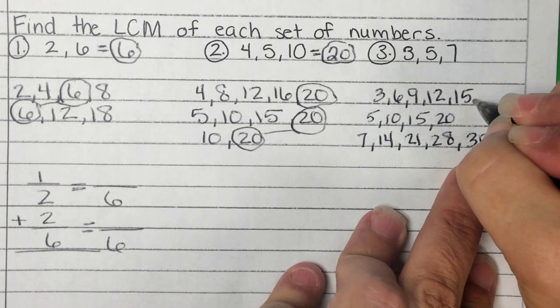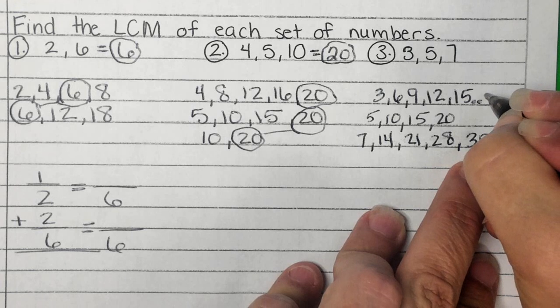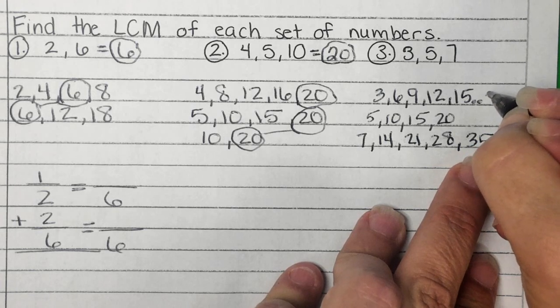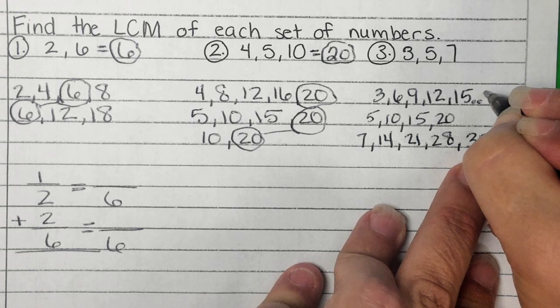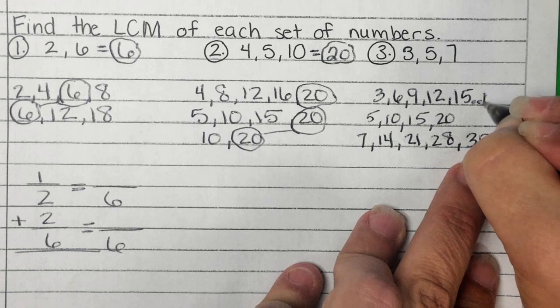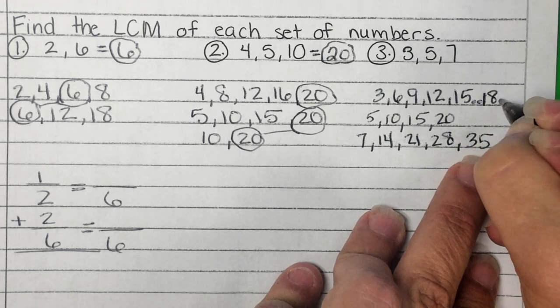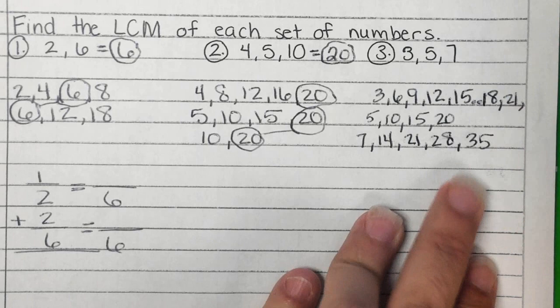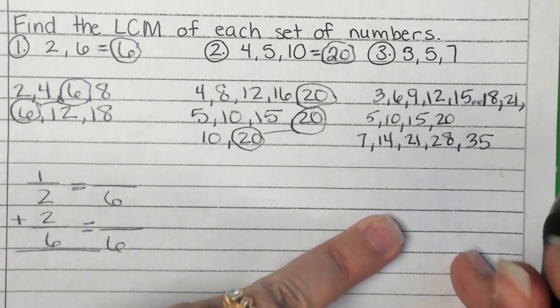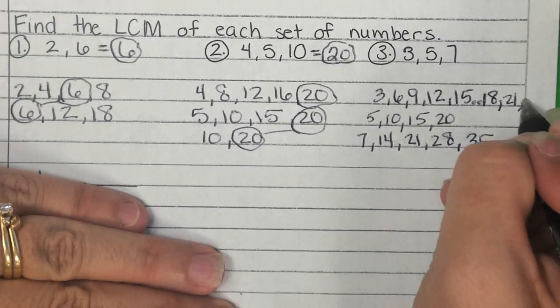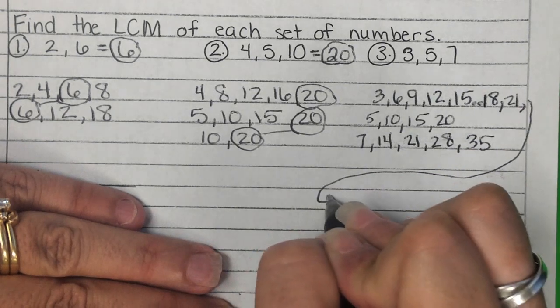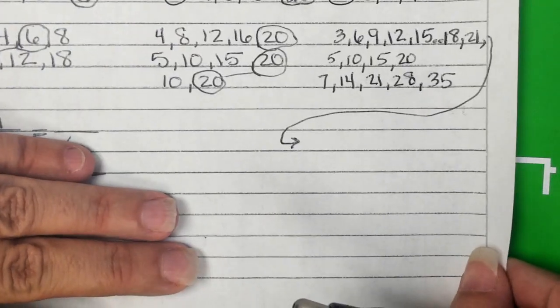So if I kept going with this one, let me think of how to word this. Let's see. If I kept going, 18, 21. I'm going to continue it down here. Okay, which might need more room.